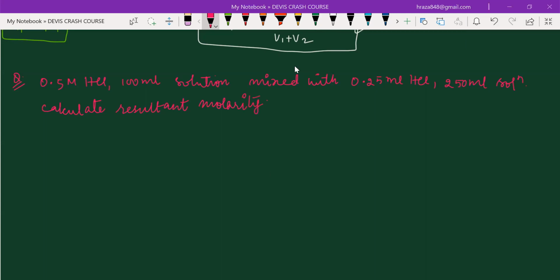Please do solve it. Sir, is it 0.25 ml HCl or 0.25 M? Yeah, it is 0.25 M. Okay, yes, it's M.